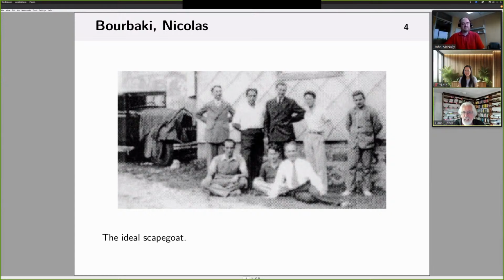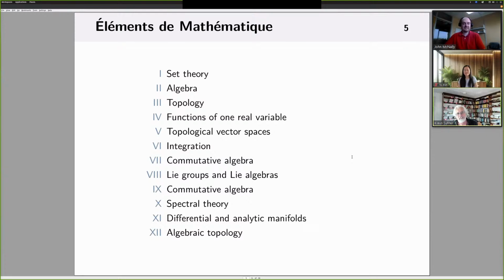And so they wanted a real solid foundation for a calculus course, and somehow the project got derailed. The calculus thing was never written, but they started to generate this long sequence of big tomes that were supposed to provide a foundation for all of mathematics. So it starts with set theory, algebra, and so on and so forth.